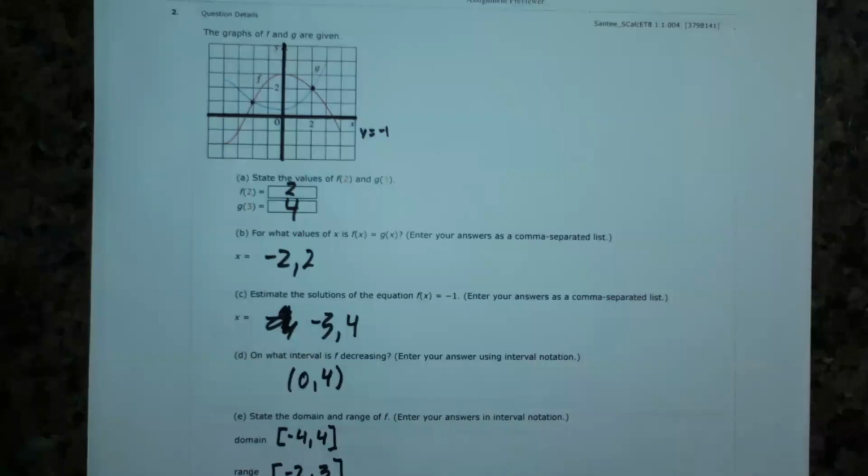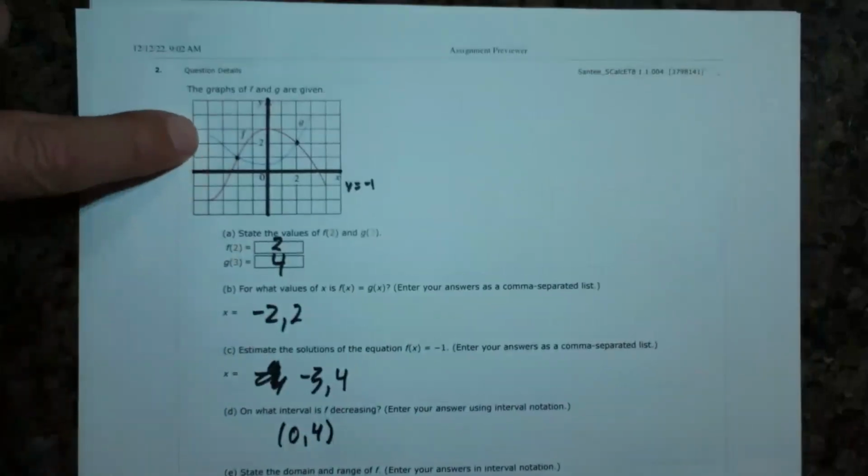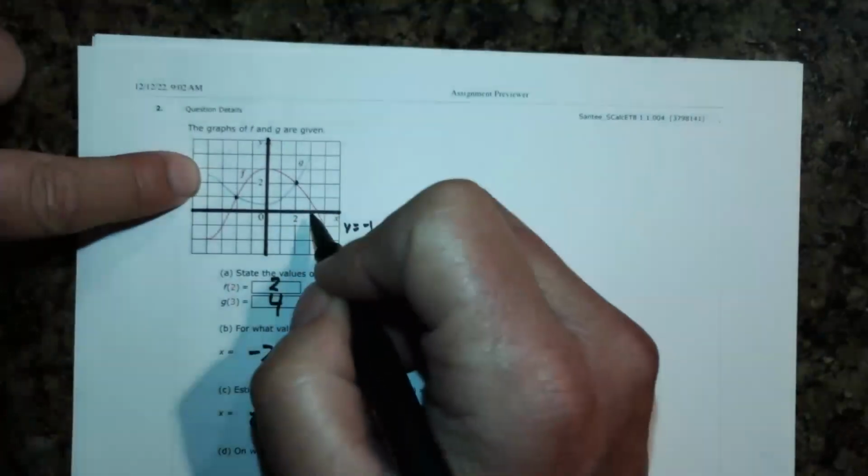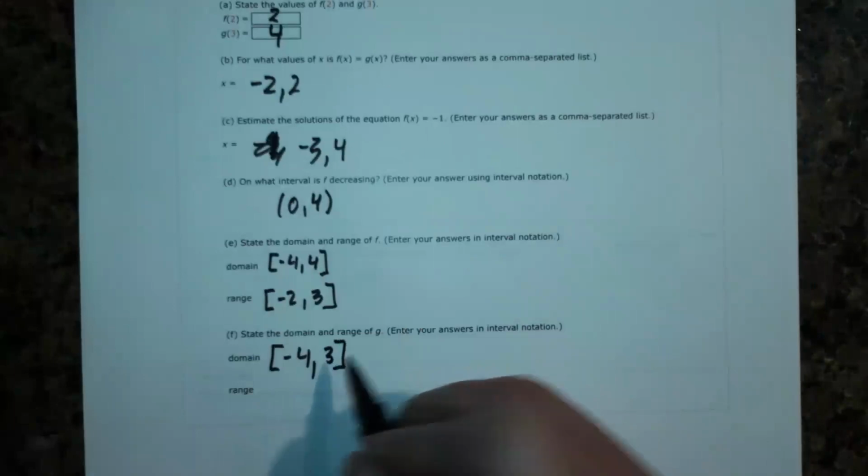All right, let's move on to the domain and range of g now. That's down here. g is the blue one here. So way back here, we're back at negative 1, 2, 3, 4, negative 4. We're going all the way to here, which is a positive 3. In the range, we're going to have to estimate for this one.